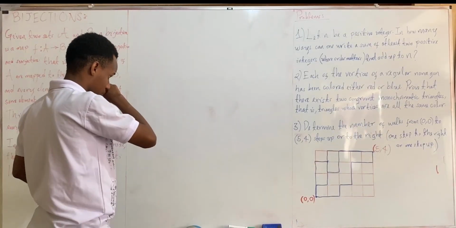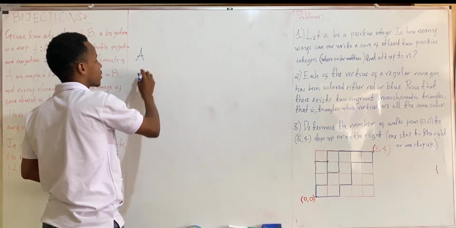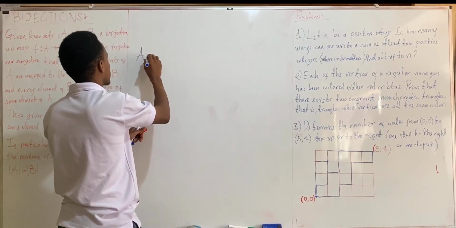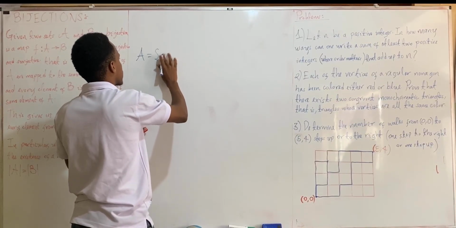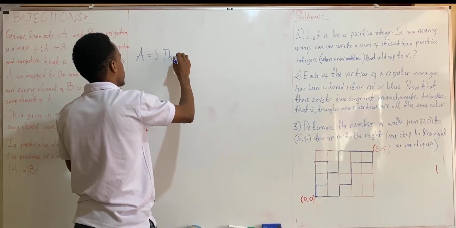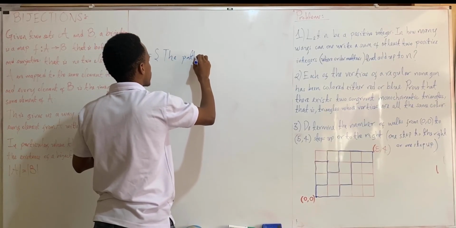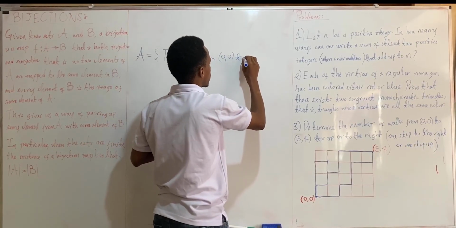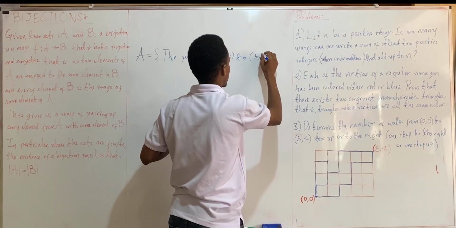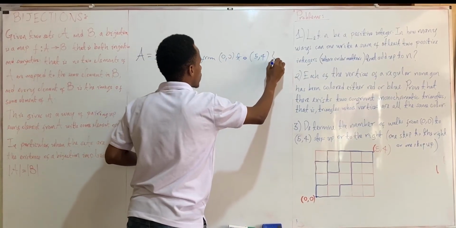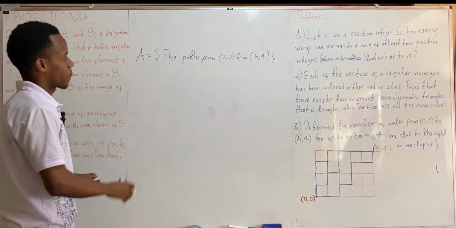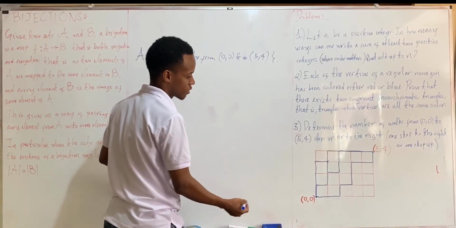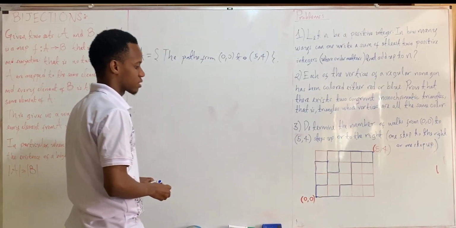So I'll find another set A. We describe the set A as the set of paths from 0,0 to 5,4, which observe this rule of going either one step to the right or one step upwards.